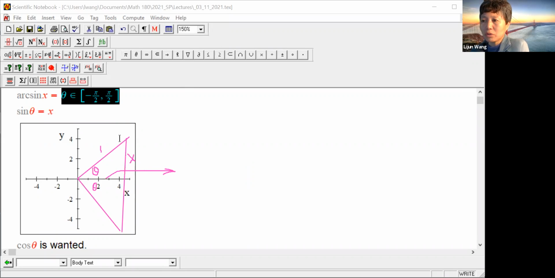It doesn't matter which one. Pythagorean theorem: the side is the square root of 1 minus x squared. That's cosine theta, and cosine theta is wanted.